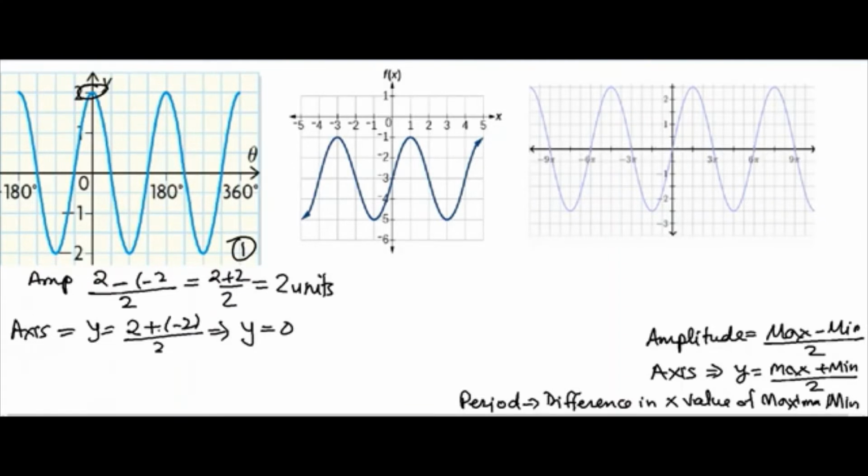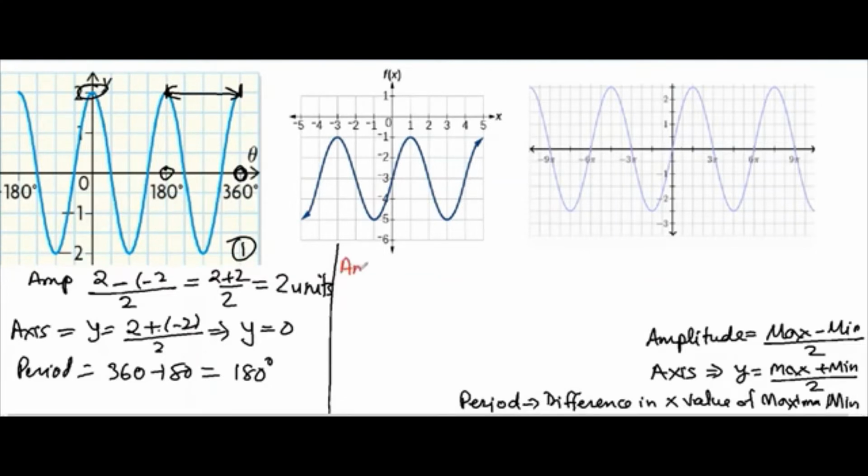Now period. I take this maximum and this maximum. Two consecutive maxima we can take, and look at the difference in x value of these two. So x of this is 360. X of the second one is 180. So period becomes 360 minus 180, 180 degrees is the period of this graph. Let's go to the second one.